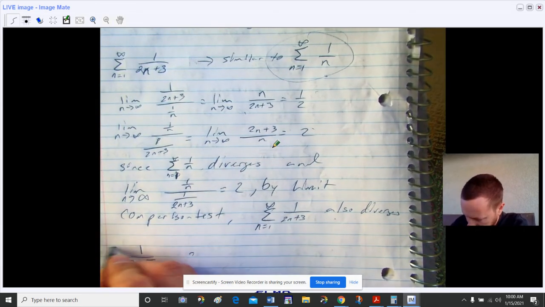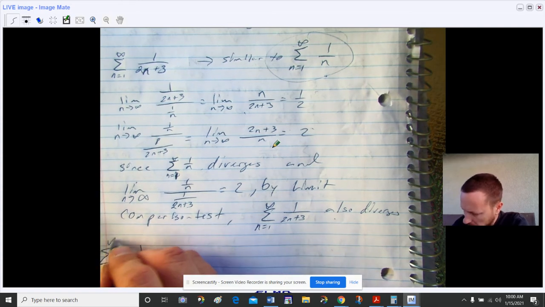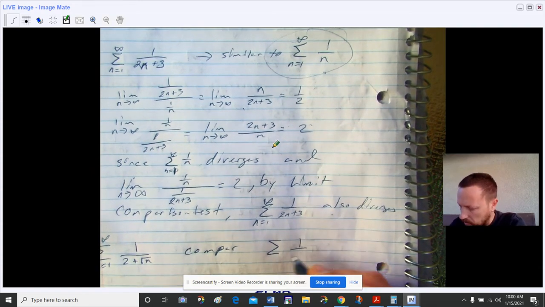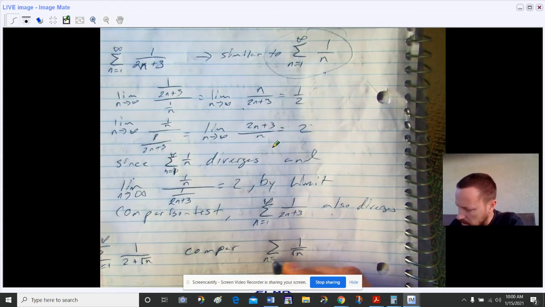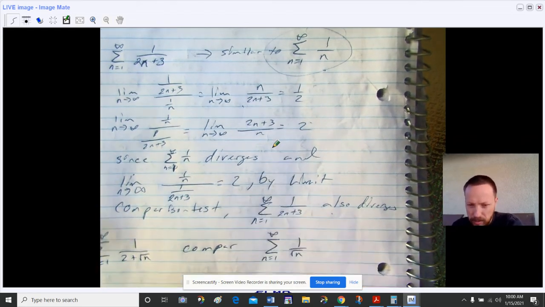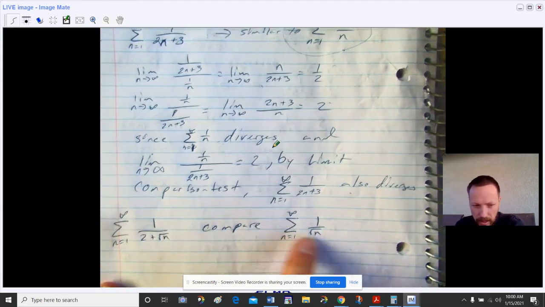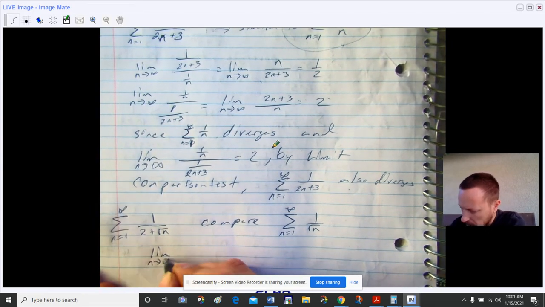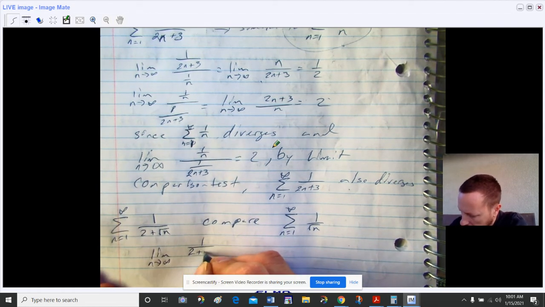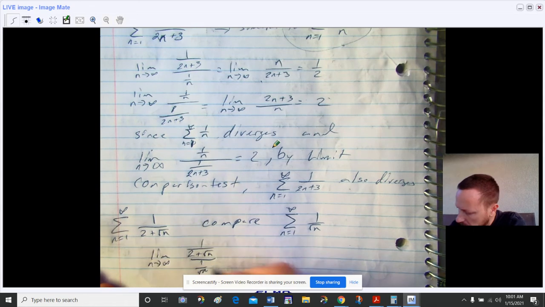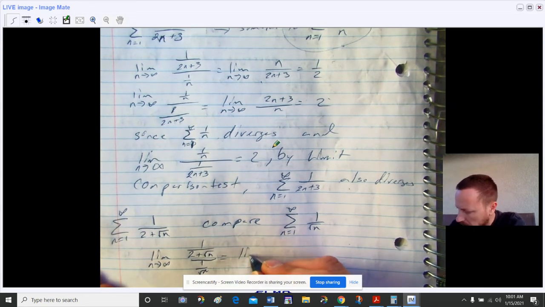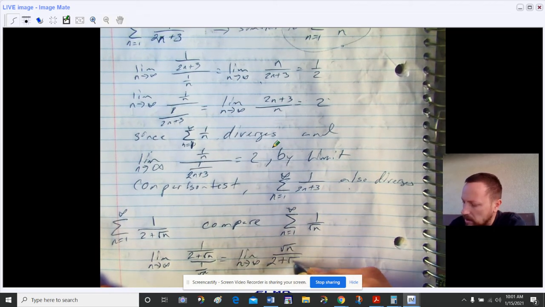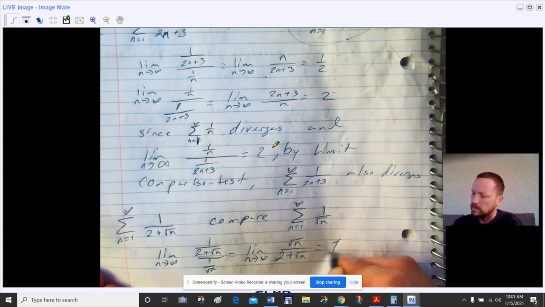So let's compare it to 1 over radical n, because we know from the p-series that this diverges. Let's do the limit as n approaches infinity of 1 over 2 plus radical n to 1 over radical n. Then we get the limit of radical n over 2 plus radical n, and that's going to be 1.